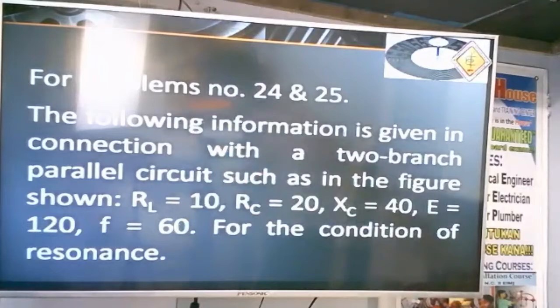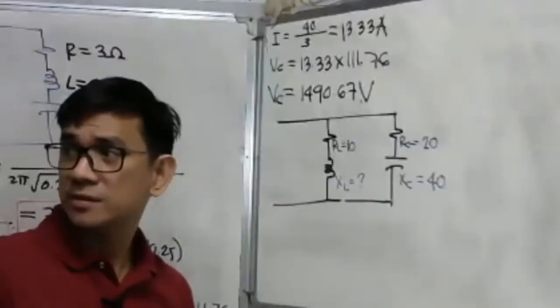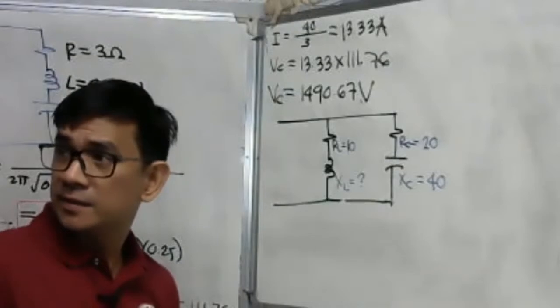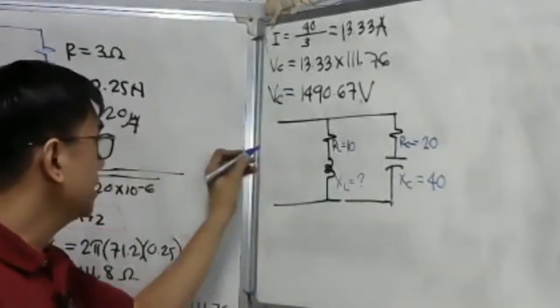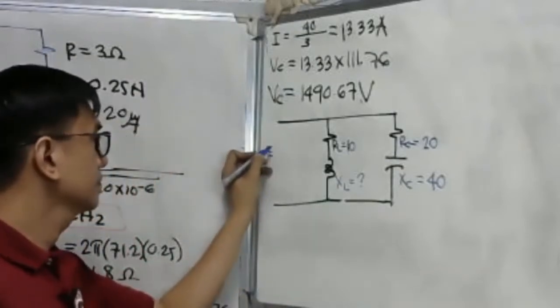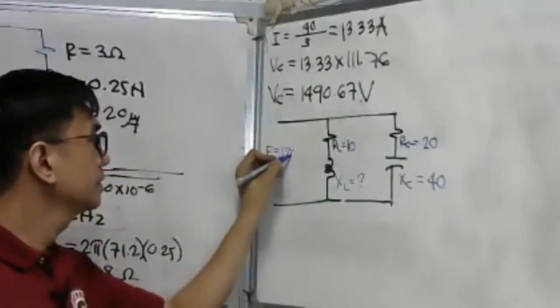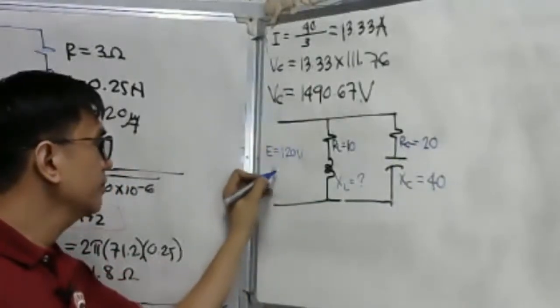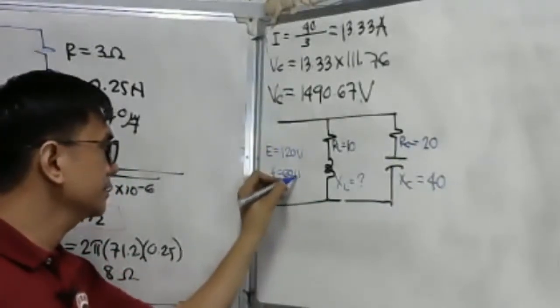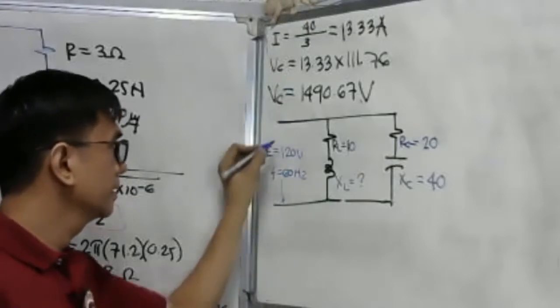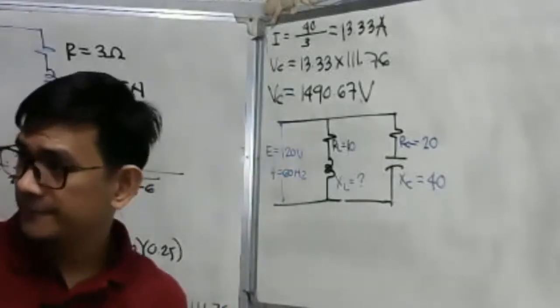There's no X sub L here, so that is a question mark. Our supply voltage E is 120. Then the frequency is 60 Hertz. Take note of that.